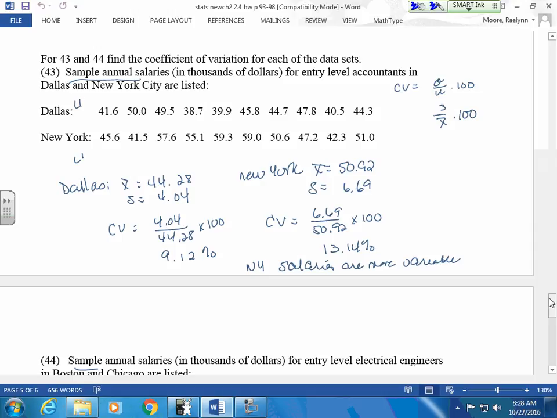So we have to find the standard deviation and the mean of each one of these. And what keyword do we need to know? Sample, because that makes us use our S, not our sigma. So we find our two pieces of information. Your formula says take the standard deviation, in this case the sample standard deviation, and put it over the mean.